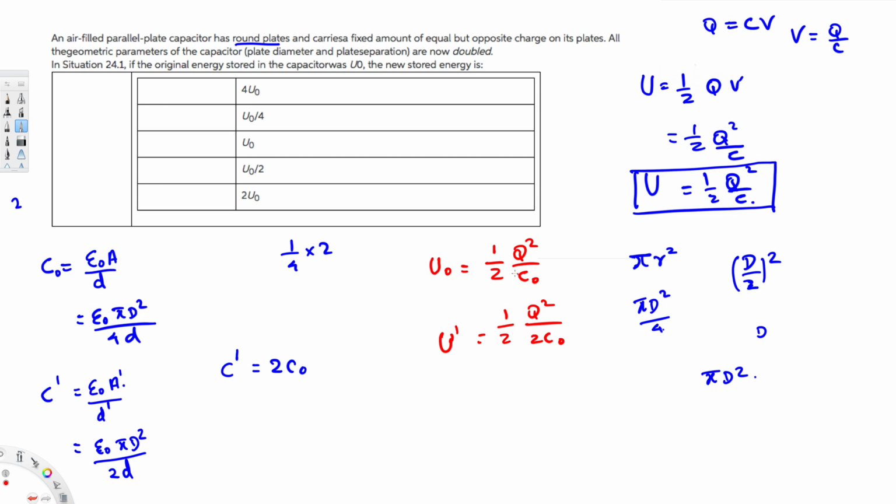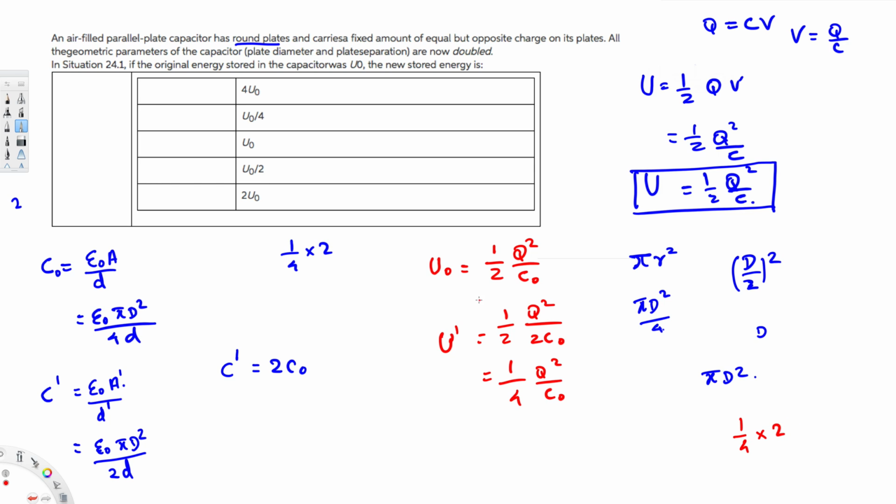And now let's look at the relationship between these two. I can write this one as 1 over 4 Q squared over C naught. Again, this is 1 over 4, and this is 1 over 2. So if I multiply by which value, I will get this one? 1 over 4 times 2 is equal to 1 over 2, right?